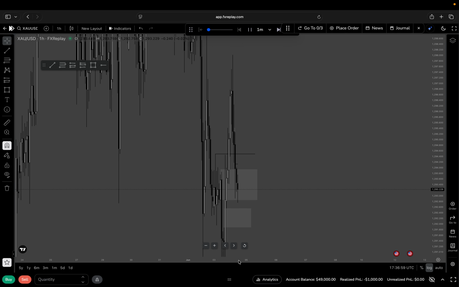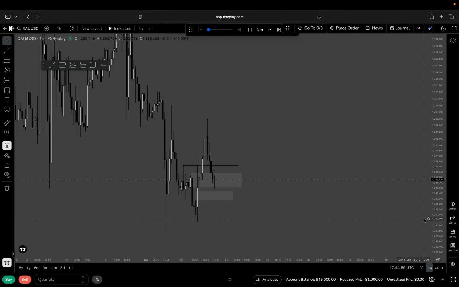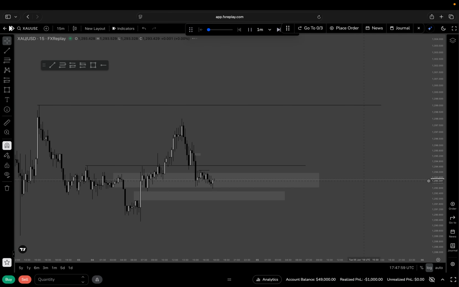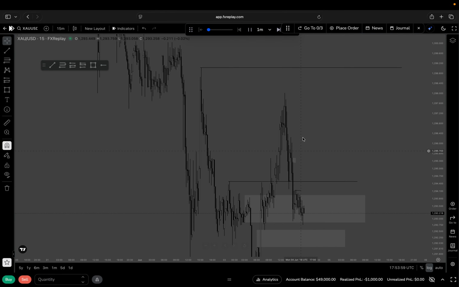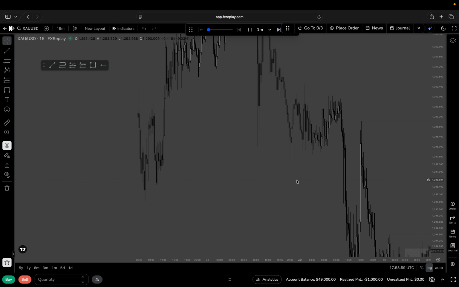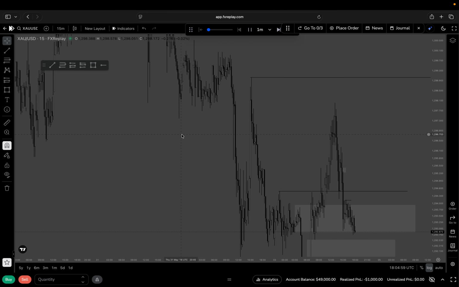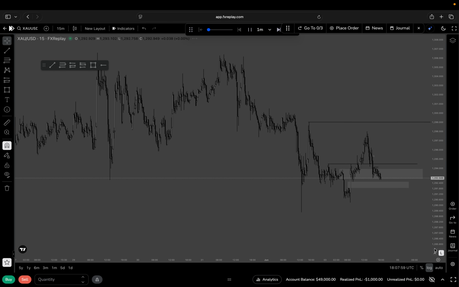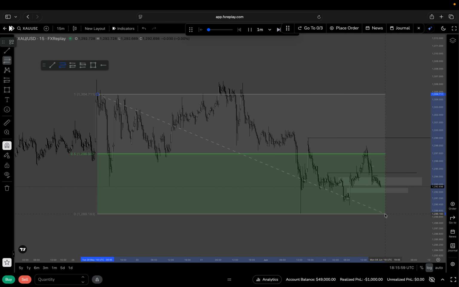Not order block, breaker block, sorry. 15-minute swing. So we might have actually filled. Yeah, so we did fill equilibrium.